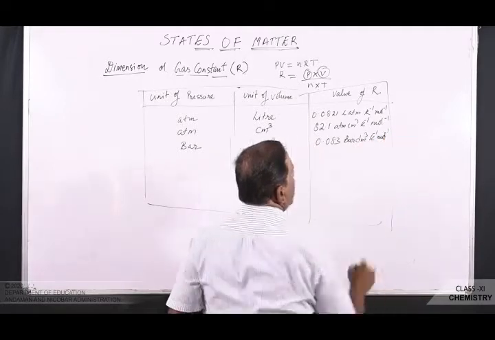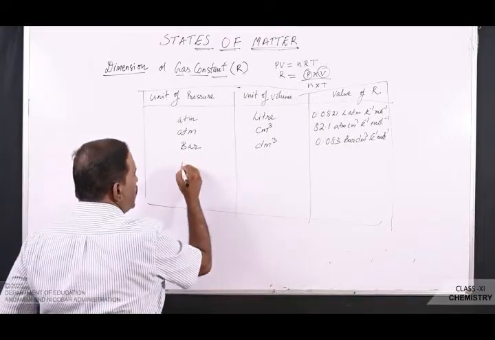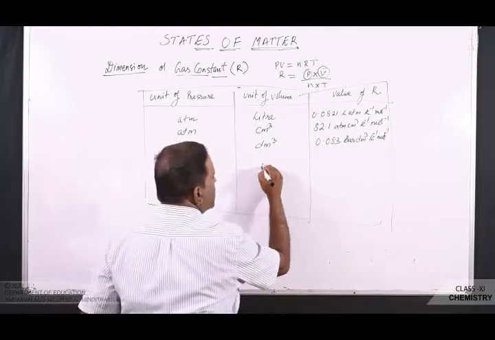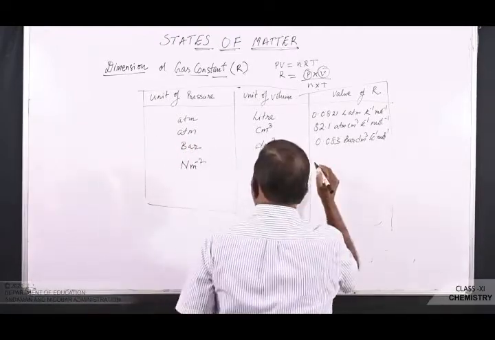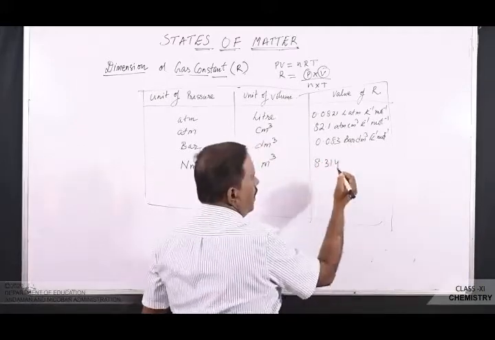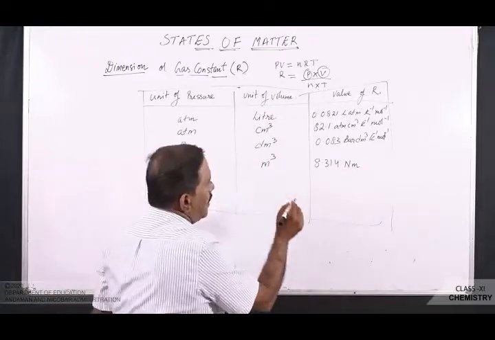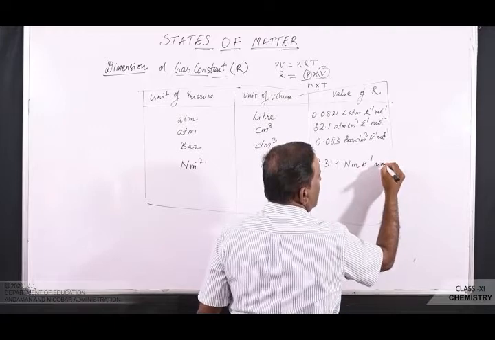These are the different values of R. And when it is in Newton per meter square and meter cube, then the value is 8.314 Newton meter K inverse mole inverse.